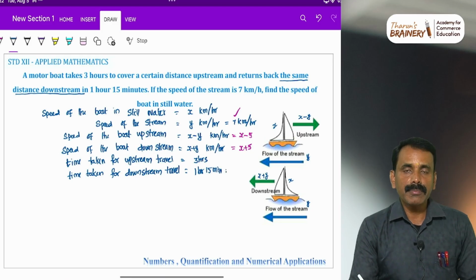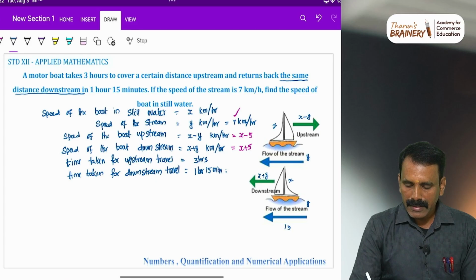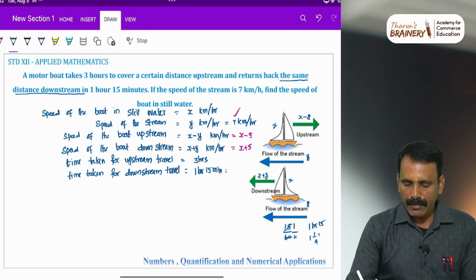This 15 minutes should be converted to hour. So we divide 15 by 60. So it is 1 by 4, as 4 15s are 60. So now 1 hour 15 minutes we have to convert to hour totally. So 1 plus 1 by 4. We simplify this expression, it is going to be 4 ones are 4, 4 plus 1 is 5. So 5 by 4 hour.